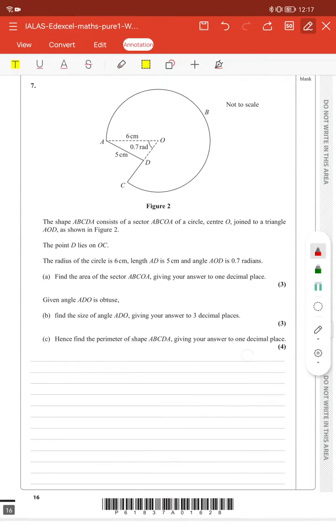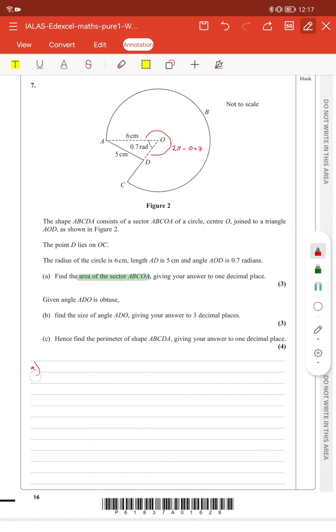With the Radians questions, it says, find the area of the sector ABCOA. So remember, this angle here is going to be 2 pi minus 0.7.